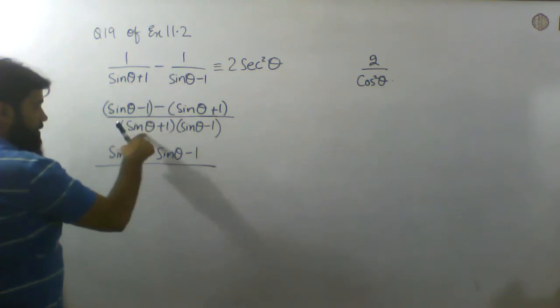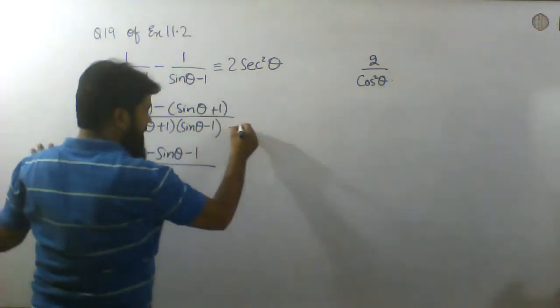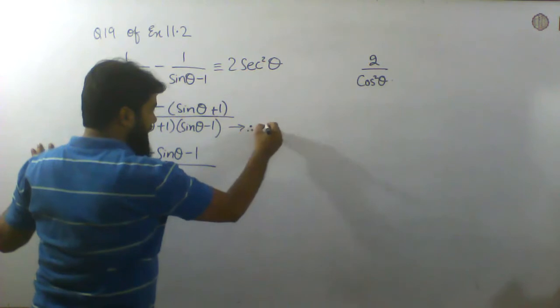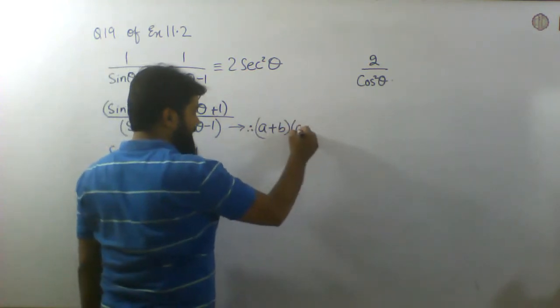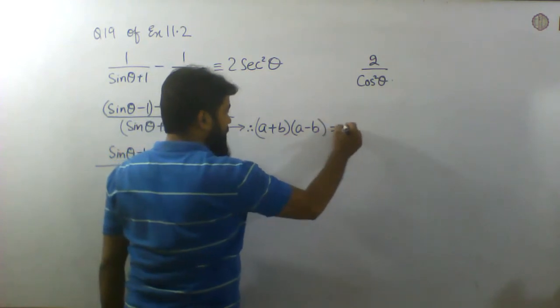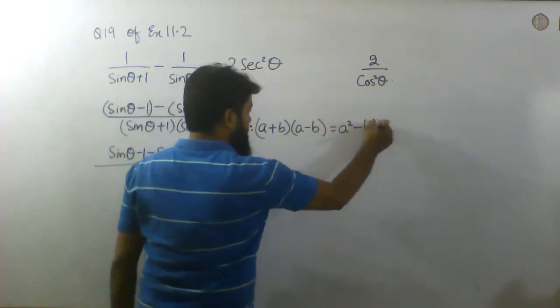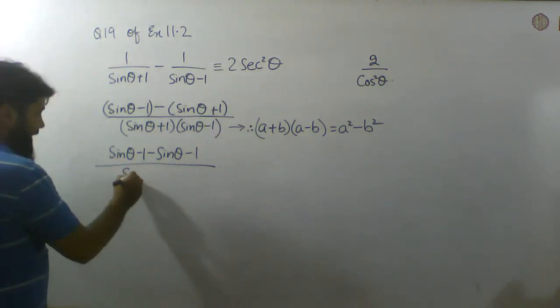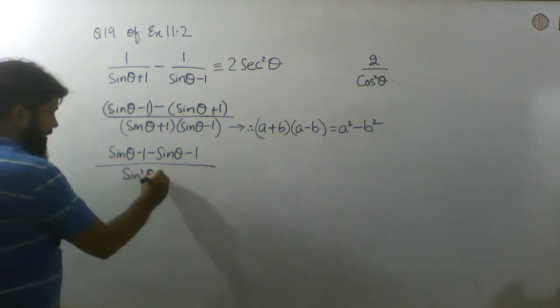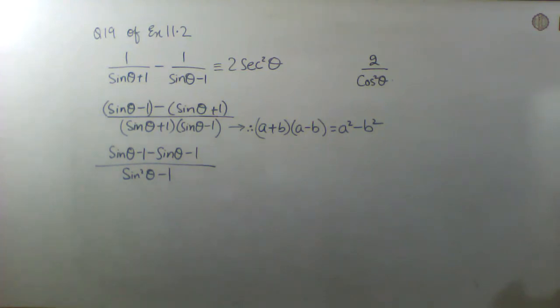So this will be solved by the identity. What is the identity? A plus B into A minus B equals A square minus B square. So these two will be solved by this one. This will become sine square theta minus 1.